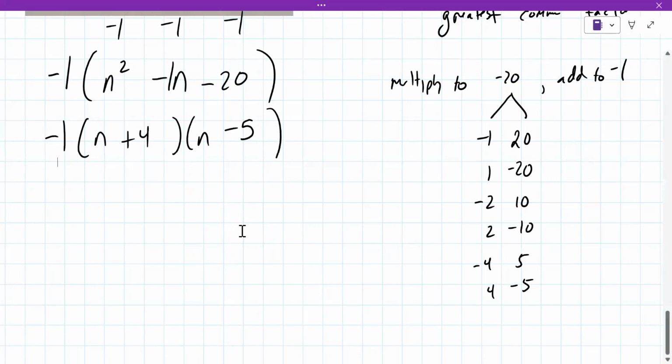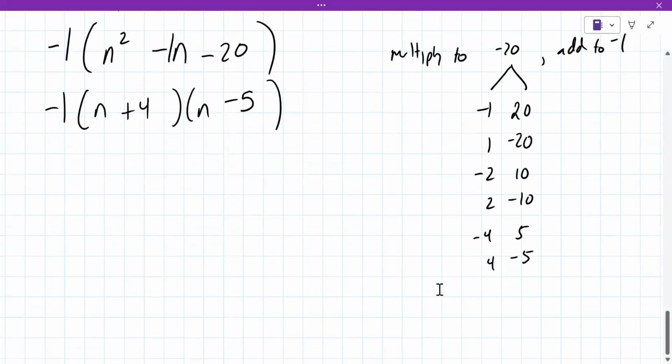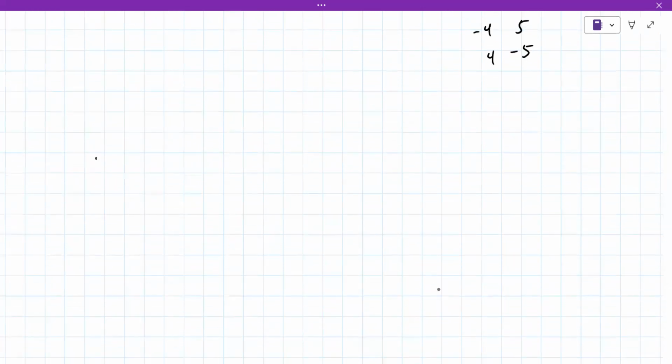Okay, now let's have you try another one of these types of factoring to see if it's clear here. We'll not make it too difficult. Let's go w squared minus 6w minus 18.